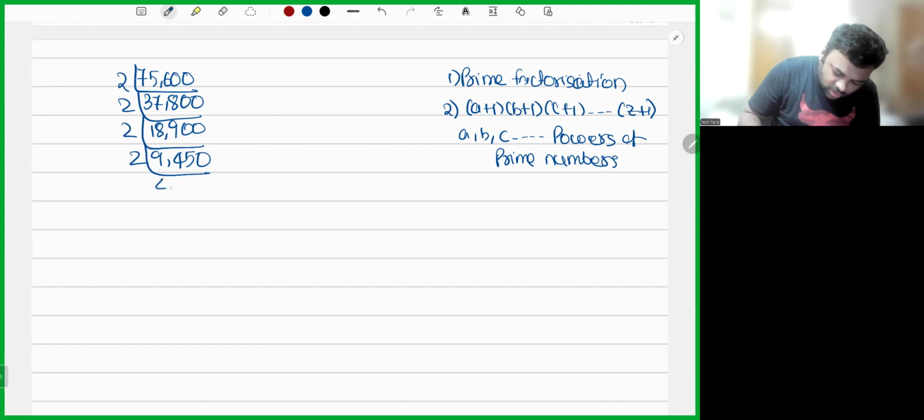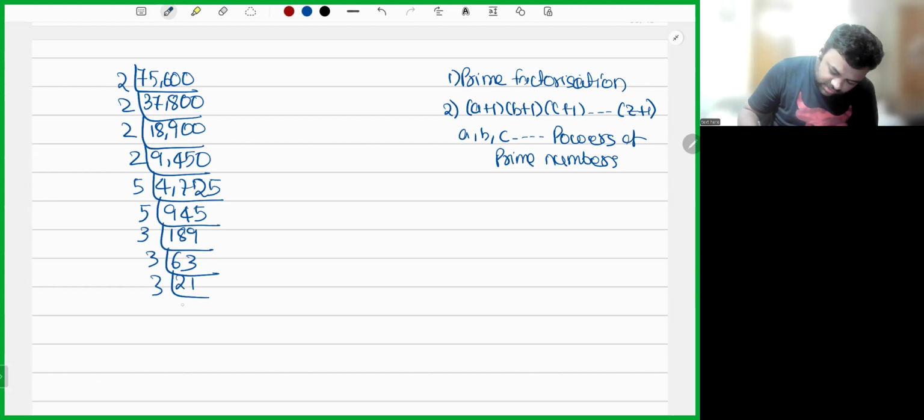It's not possible to divide by 2 now. I'll divide by 5. 945. 189. It's not possible to divide by 5 now, so divide by 3. 21. 3 sevens, 7 ones.